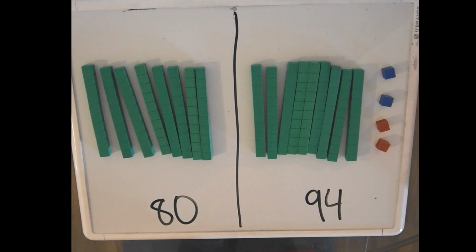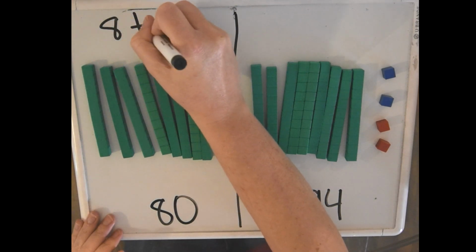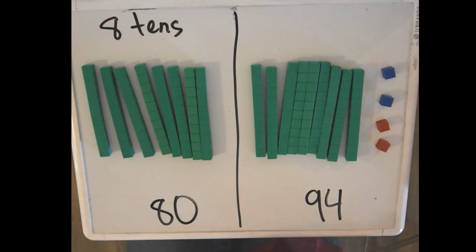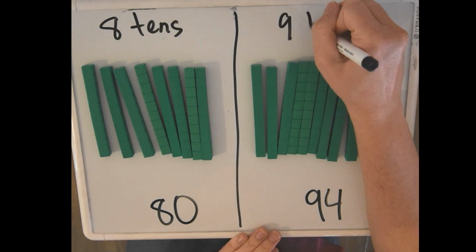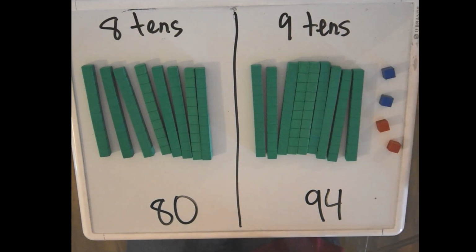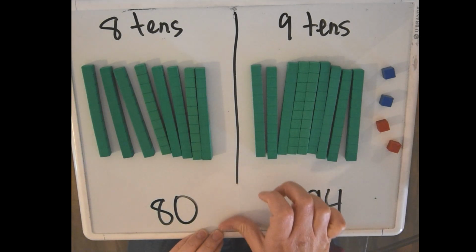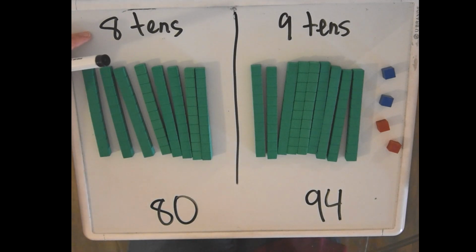Okay, now when I look at these two numbers, the first step, look at the tens place. Well, over here in 80, I know there's 8 tens, okay? And in 94, there are 9 tens. That already tells me 80 is going to be less than 94, because 8 tens equals 80, 9 tens equals 90.